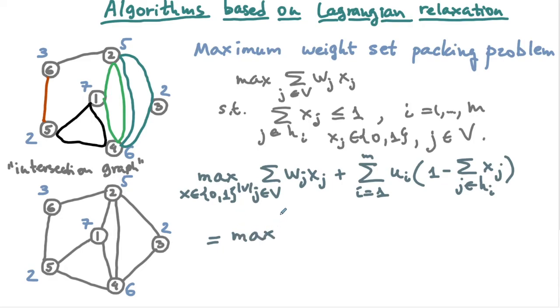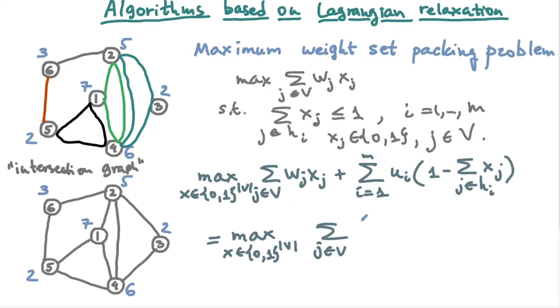Rearranging the terms, we obtain the following problem for the Lagrangian relaxation. We maximize the summation over j in V, and the coefficient for xj is wj from here, and then we have the summation of ui over all the hyperedges that contain the vertex j.